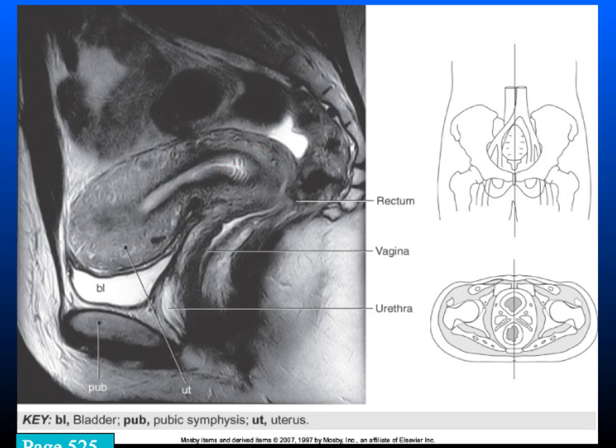And then obviously the rectum is posterior, vagina and the uterus are kind of in the same area. Urethra goes down here for the urine to come out. Bladder on a T2 weighted image looks white because it's fluid, and fluid looks white on a T2 weighted image.